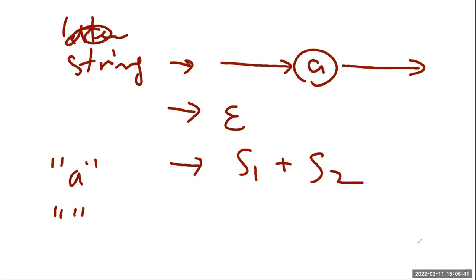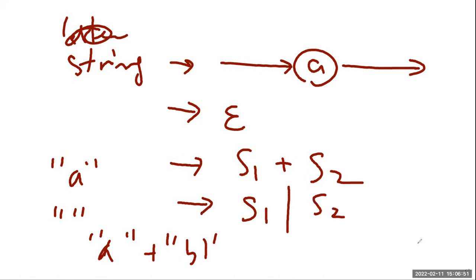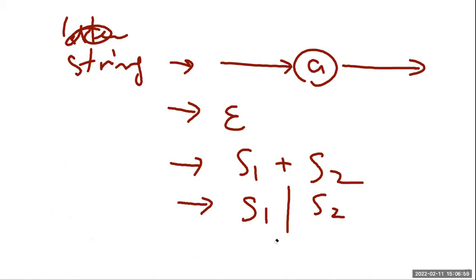So say right now you have A string concatenated with B string, that is also a string, and can have S1 string or S2 string. So right here, this one is another string. You have the OR, and the last one you have the Kleene star.